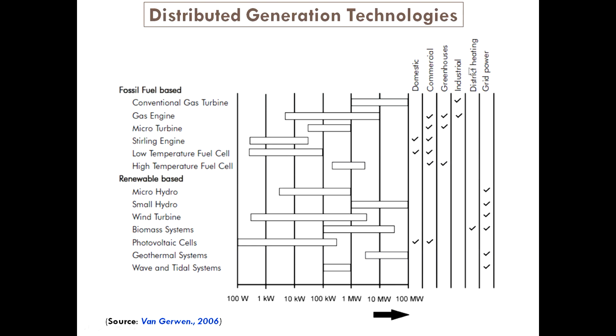The applications can be domestic, commercial, industrial, as well as grid. So you will see that there's actually a correlation between the primary energy source as well as the application and also the size.